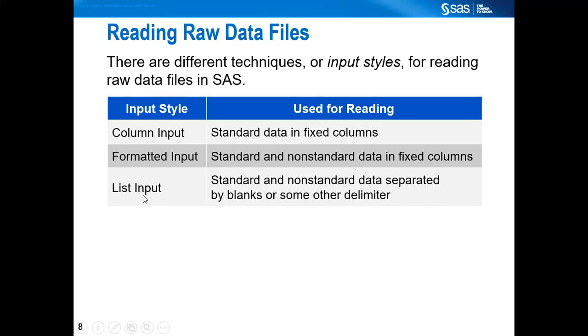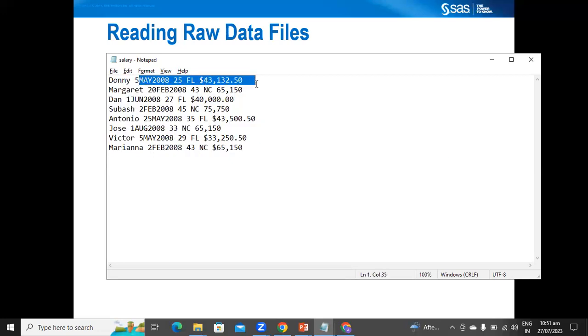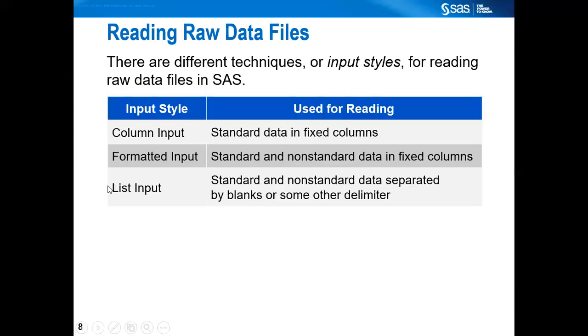So this type of data, which is not in fixed columns but has a mixture of standard and non-standard data, for this our input statement should follow the list input method. Whereas you have another input method termed the formatted input method, where you will be reading both standard and non-standard data which are in fixed columns.